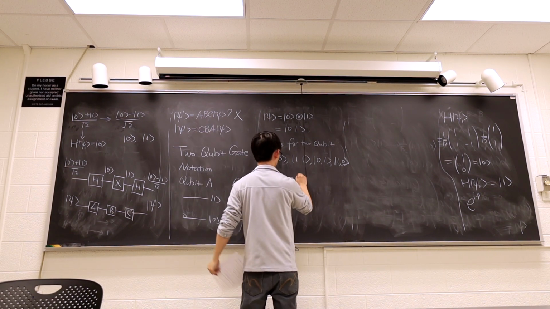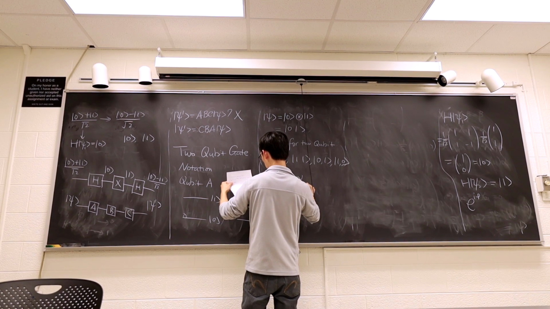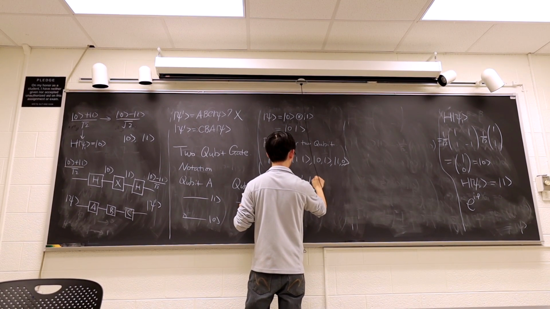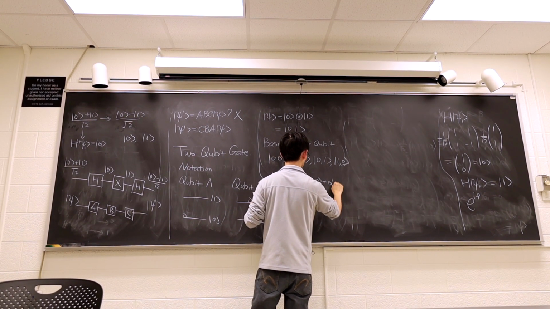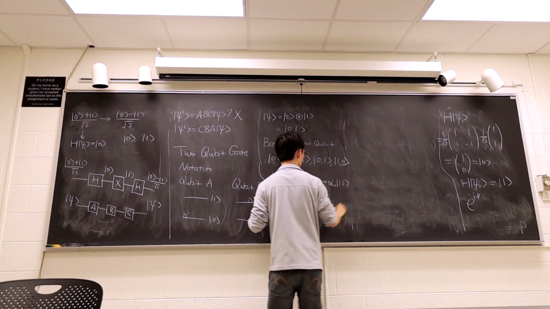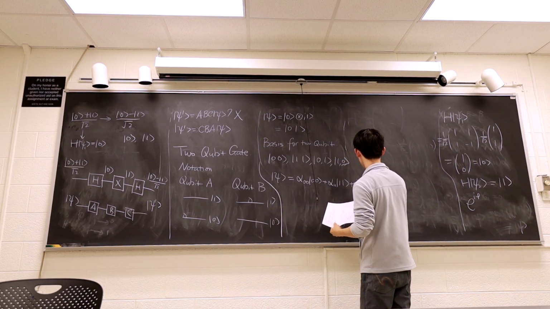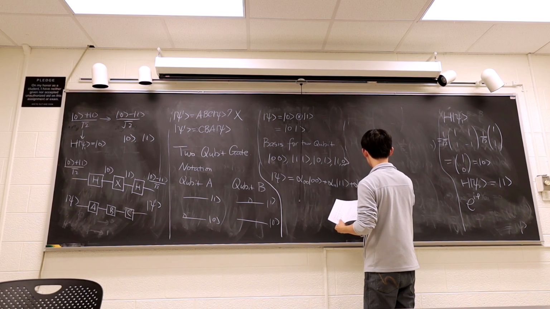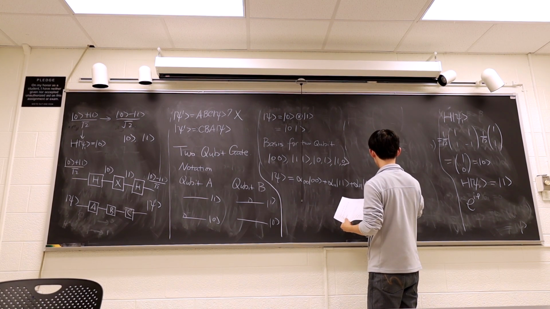You have alpha 0,0 times |00> plus alpha 1,1 times |11> plus alpha 0,1 times |01> plus alpha 1,0 times |10>.